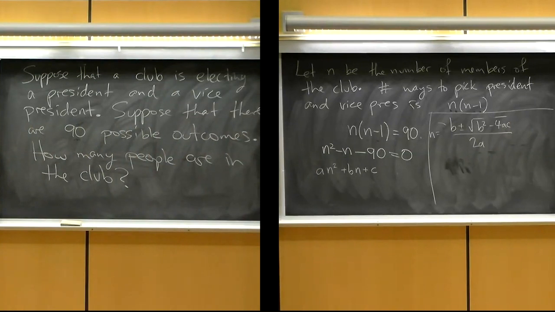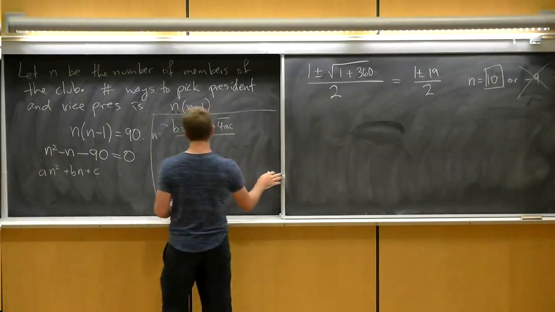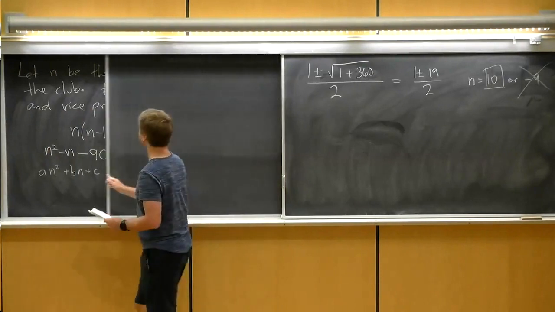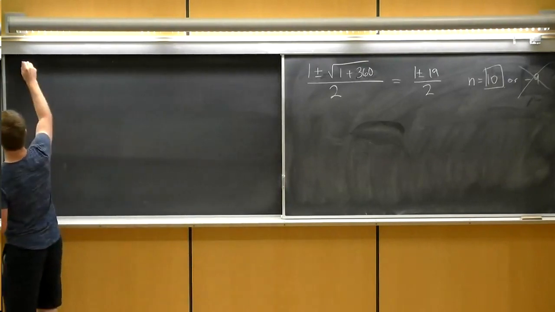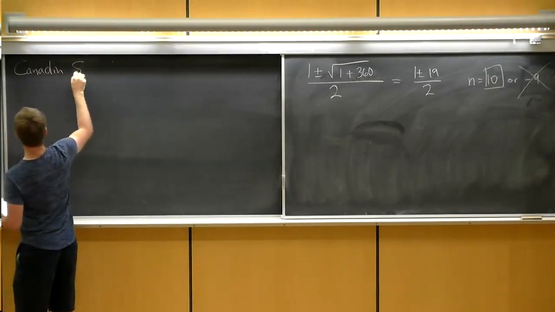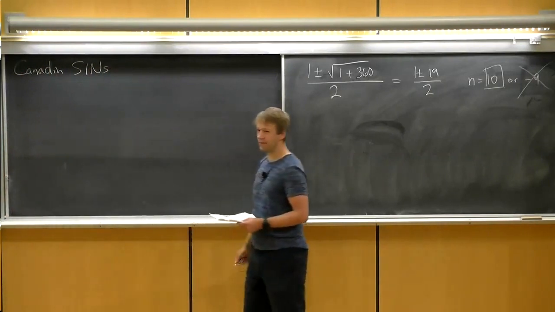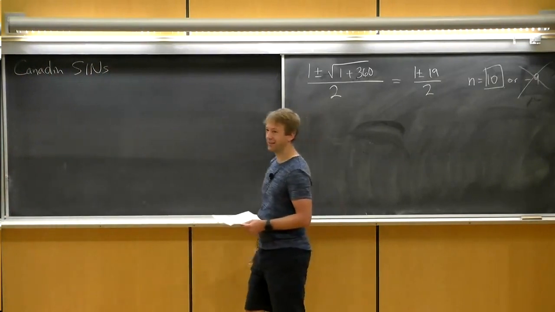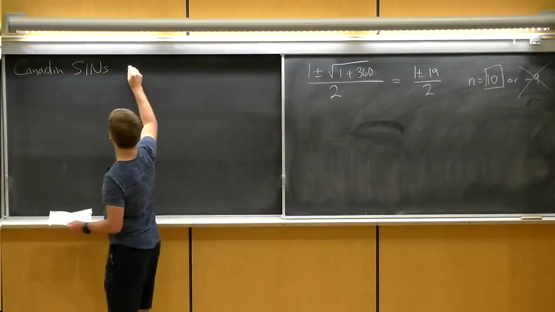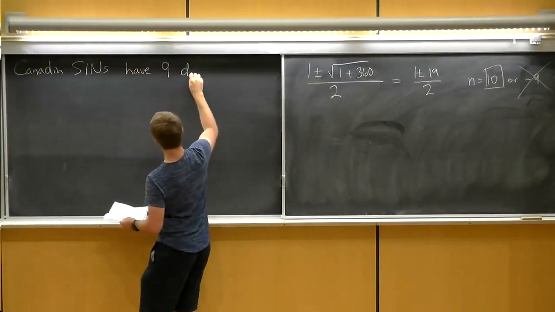Let me give you a little bit of a trickier one than what we've been doing so far. So Canadian social insurance numbers, I think they've got 9 digits, right? At least that's what I've got in my notes here. So let's just go with it. They have 9 digits.